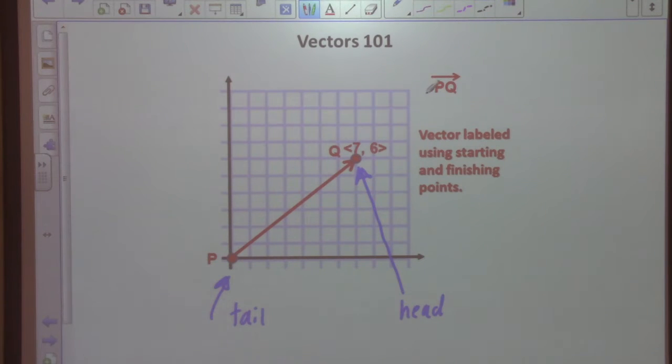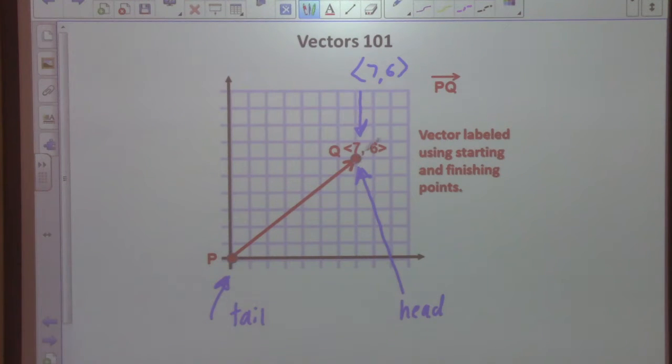Now, the last thing that is here is this thing right here. We have 7, 6. What do you notice about that? It's not parentheses, okay, so thank you. These things are angular brackets. And when you see angular brackets, that's a message to you that we're talking about a vector and not a coordinate pair.